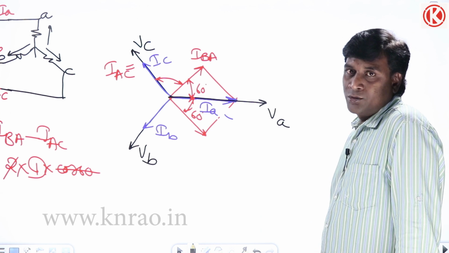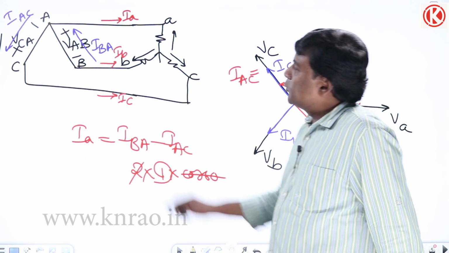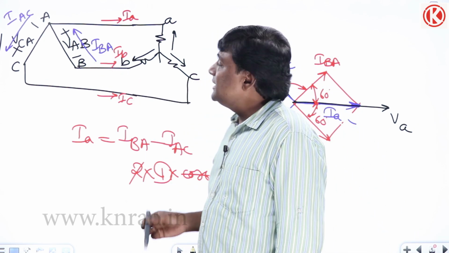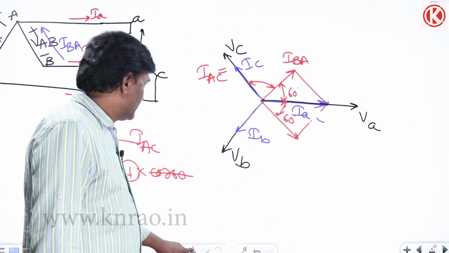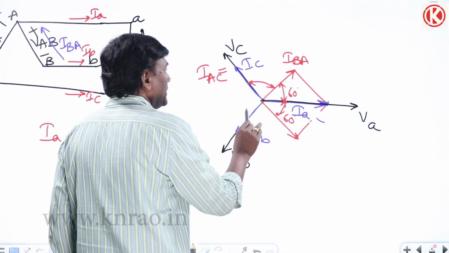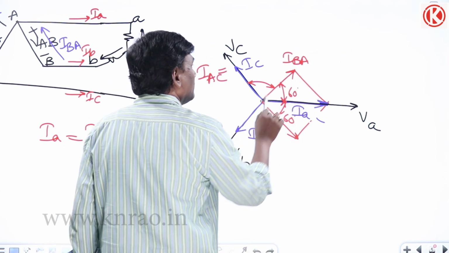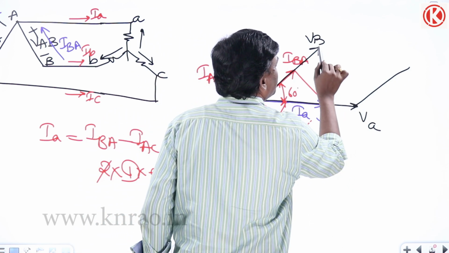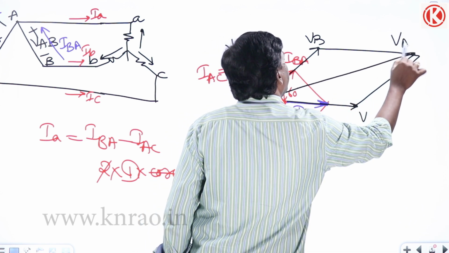What are those required conclusions? See here, if I want to write VAB, how much is VAB? VA minus VB. See here, this is VA minus VB, and this is VAB.